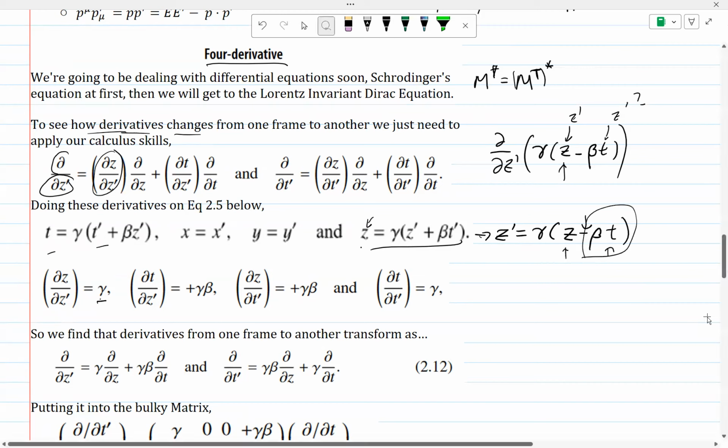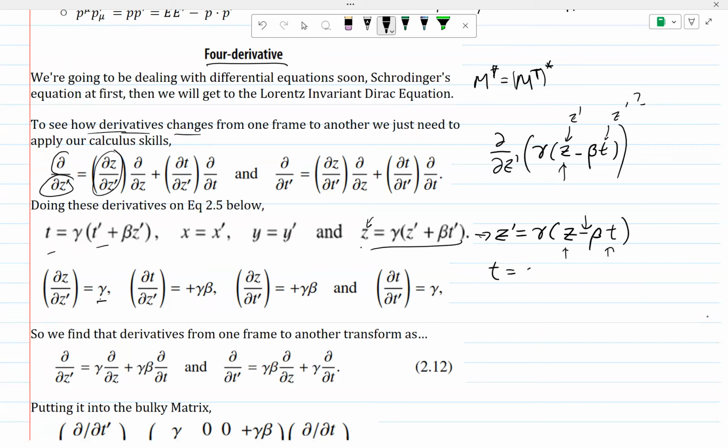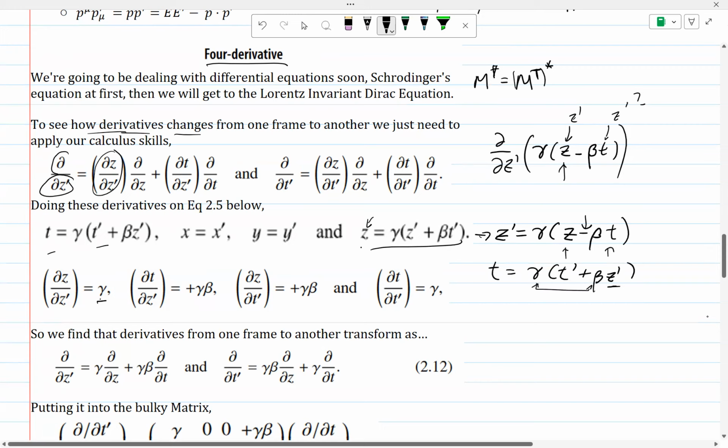Once again, we're going to go back over here and do a little erasure. If you take the partial derivative of the t function, I need to actually write that one: t equals gamma times t prime plus beta times z prime. If I take a partial derivative of that with z prime, you end up with gamma times beta as the factor in front of z prime.